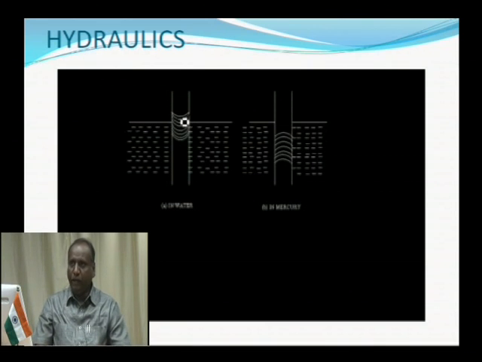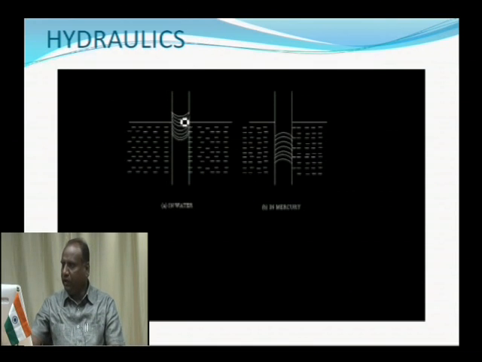But when the same tube is dipped in mercury, the mercury depresses down, as also shown in the figure.